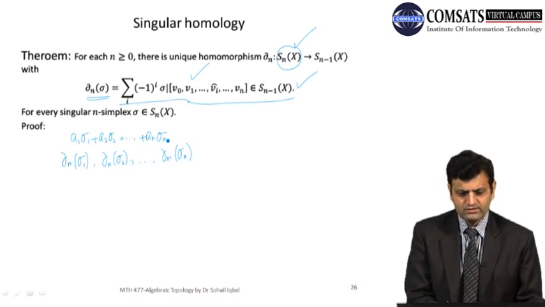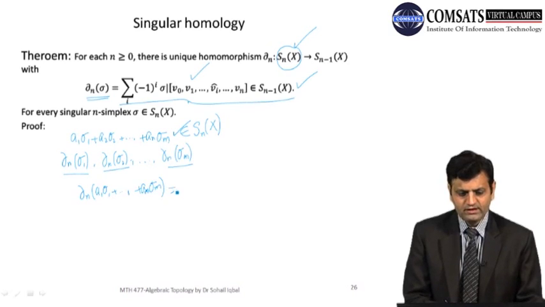Okay, so in general this n is different from this, so let's take it m. Then I can calculate these objects, the boundaries of sigma 1, sigma 2 up to sigma m. But if I want to calculate the image of any general element of Sn of X, what should I do? I should apply this on a1 sigma 1 up to am sigma m.